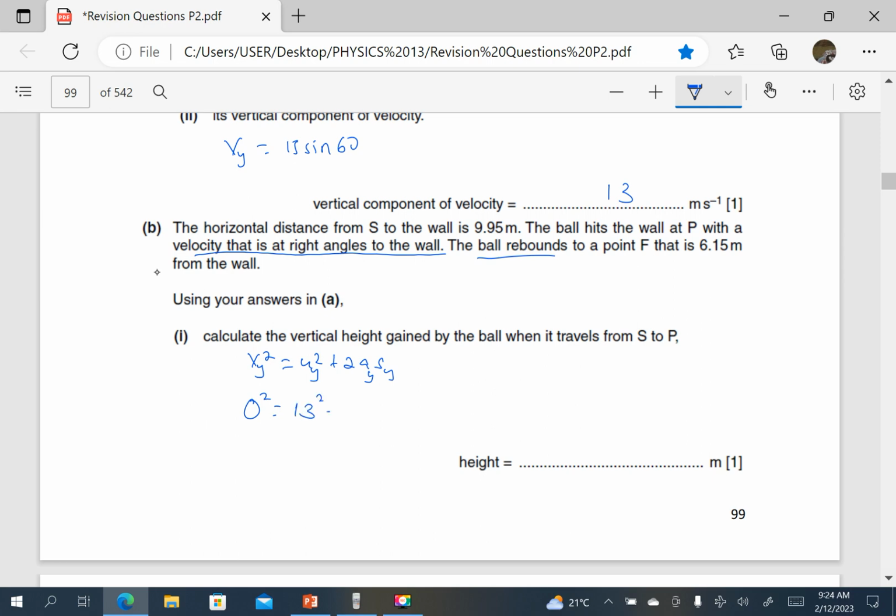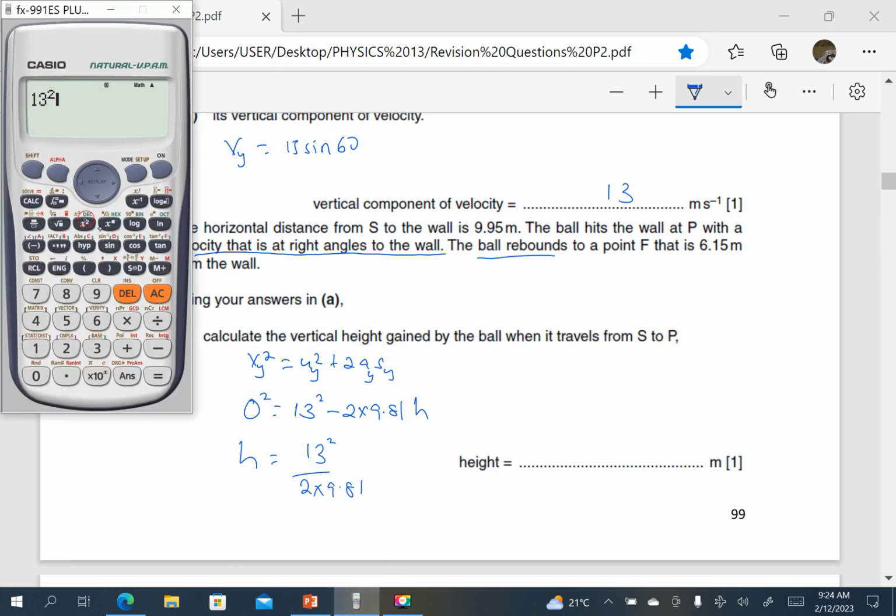So 13 squared minus, because it is moving against gravity, 2 times 9.81 times the vertical height h. So h is going to be 13 squared divided by 2 times 9.81. So that is 8.61.